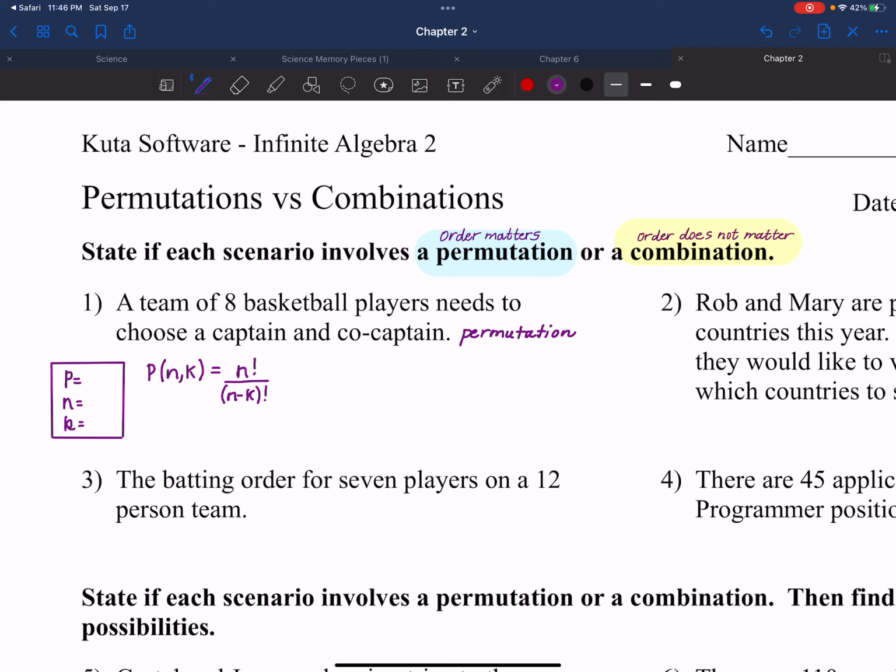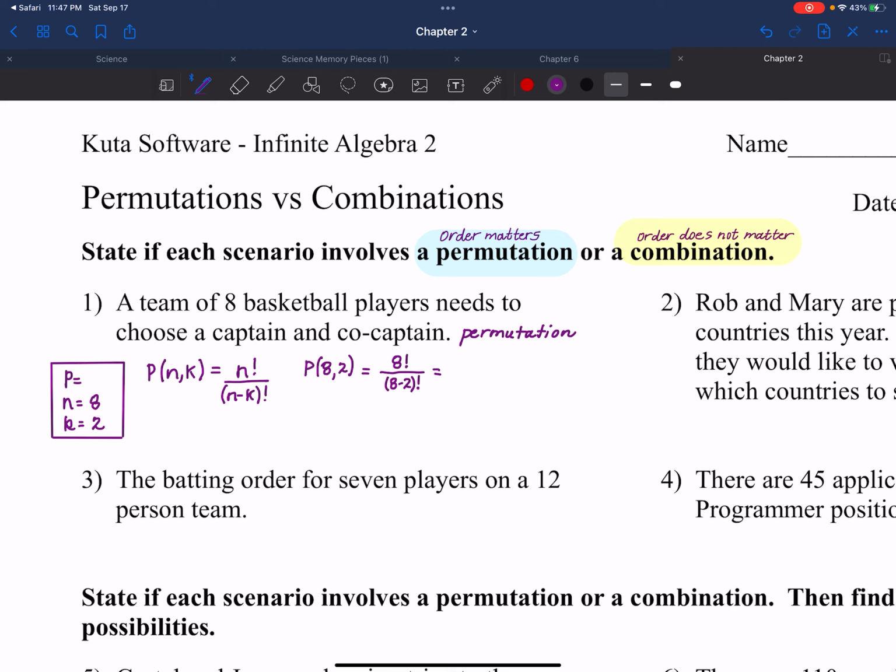Okay, so in this problem, the number of players on the team is 8. The number of positions available is 2. And so we will do the math accordingly. So we have P of 8, 2 equals 8 factorial over 8 minus 2 factorial.